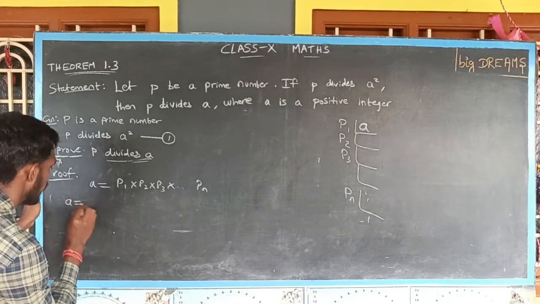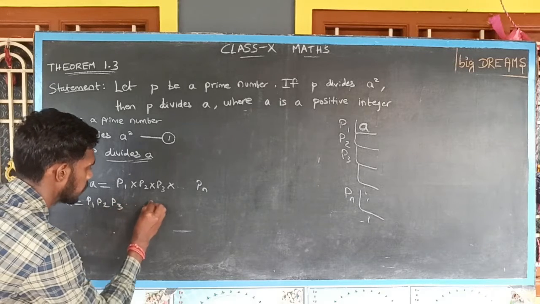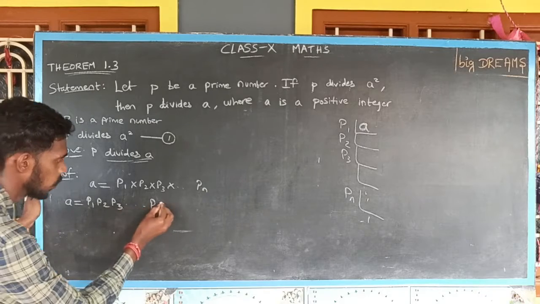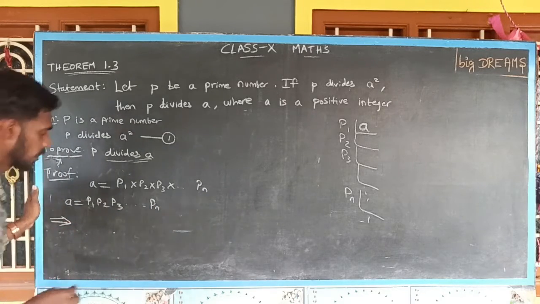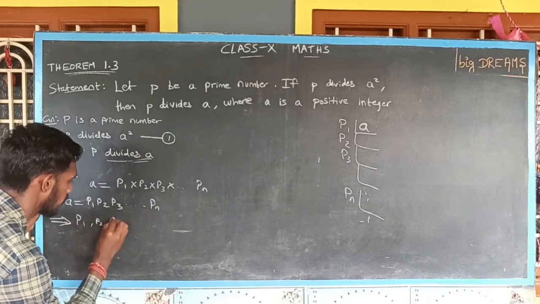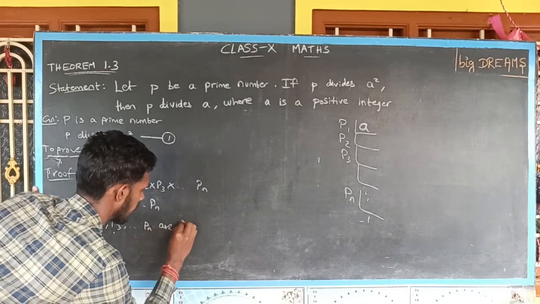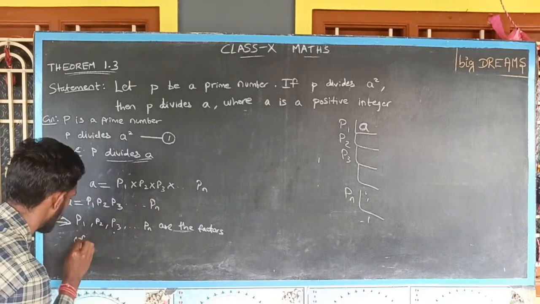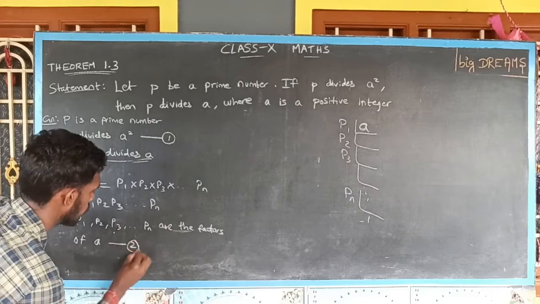So A is equal to P1, P2, P3 up to Pn. From this I can conclude that P1, P2, P3 up to Pn are the factors of A, right? Name this step as number 2.